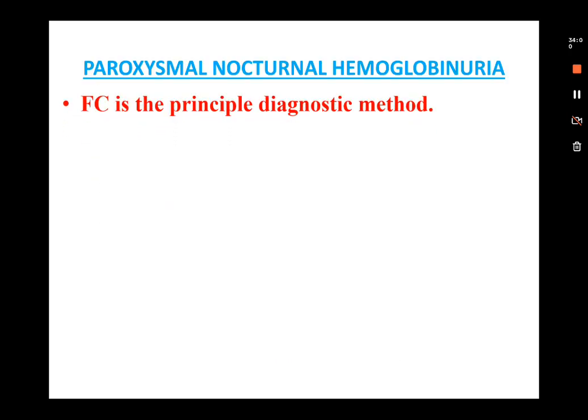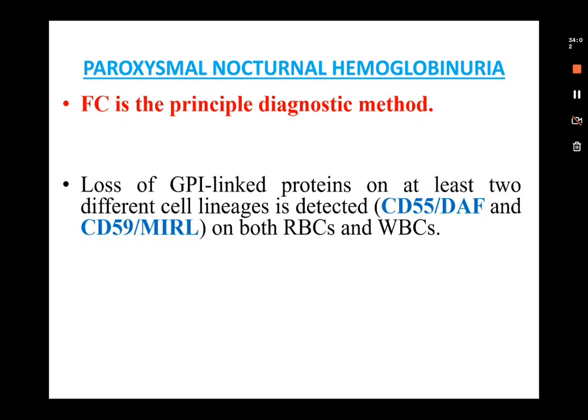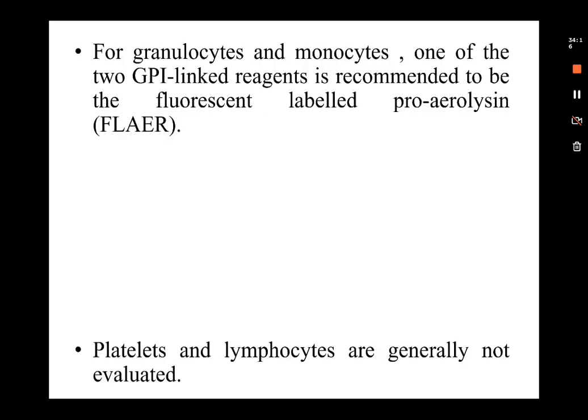Flow cytometry is the principal diagnostic method for it, and PIGA gene mutation is happening in this disease where GPI linked proteins are absent, and two of these, that is CD55 DAF or CD59 MIRL, their deficiency has to be established on at least two lineages like RBC and WBCs.